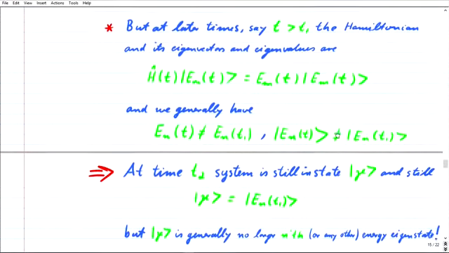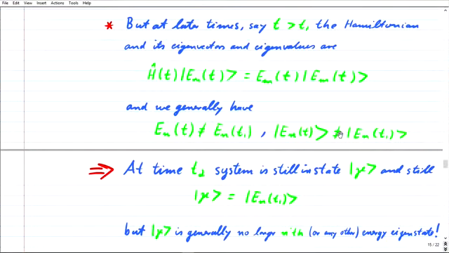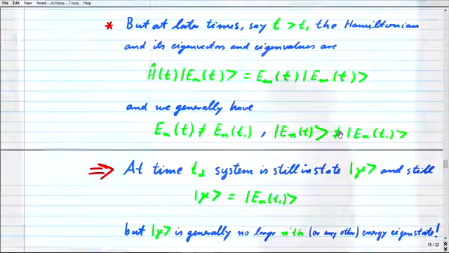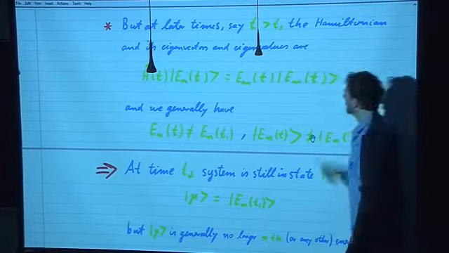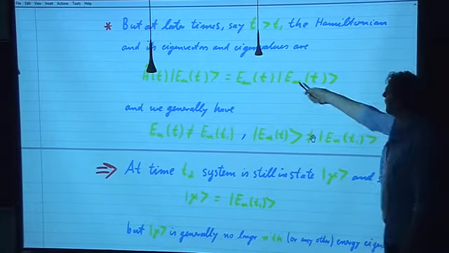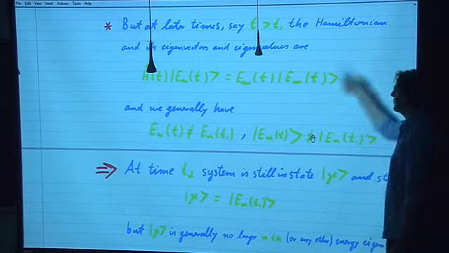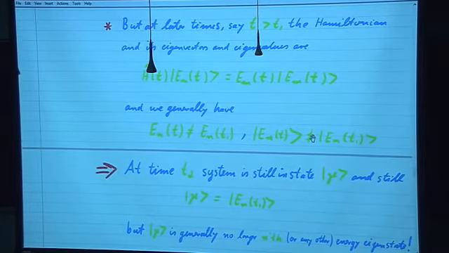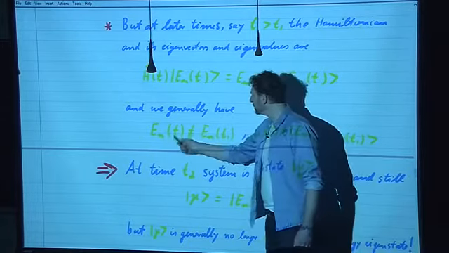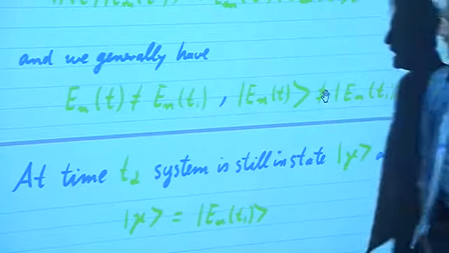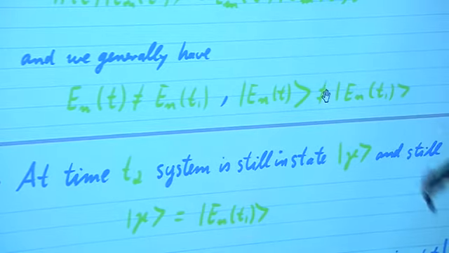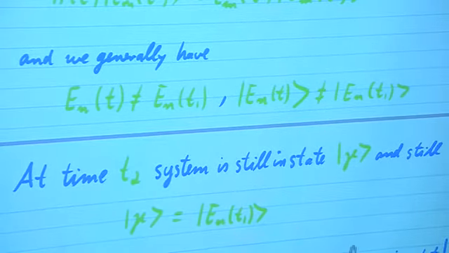At later times, the Hamiltonian and its eigenvectors, t not being t1 but t being later than t1, will again have an eigenvector-eigenvalue equation, and the nth eigenvector will be a different Hilbert space vector. So the En of t is generally not the same eigenvalue as the En was at the time t1, and neither will the eigenvectors coincide.